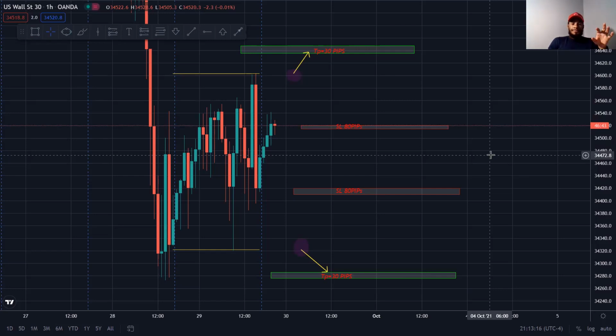But this is something that is very important with your mental as well, because you're in and out. It's quick. I don't have patience. So when it comes to trading, it has to mold with who you are as a person.